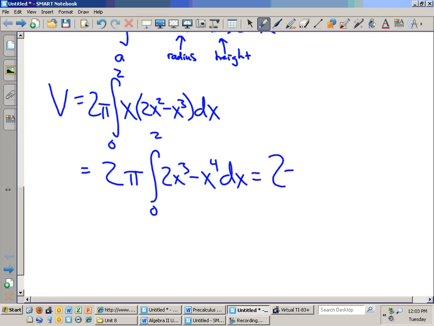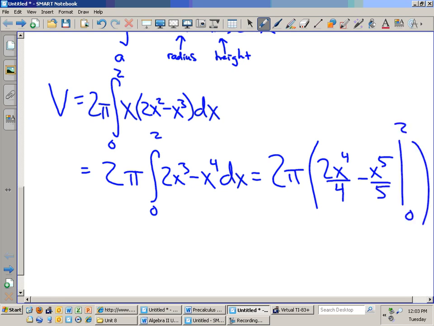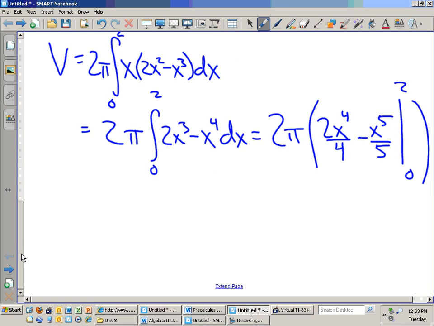What is the antiderivative of 2x to the third? 2x to the fourth over 4 minus x to the fifth over 5 evaluated from 0 to 2. 2 to the fourth is 16 times 2 is 32.